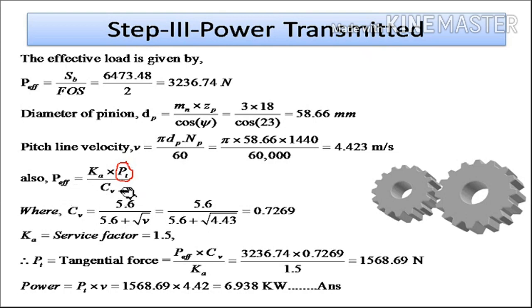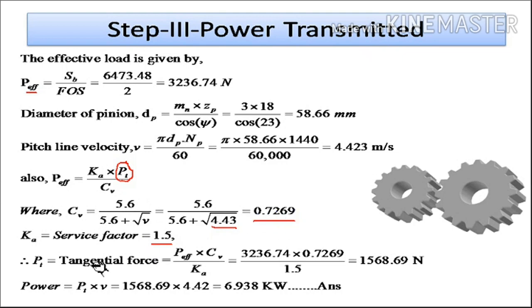You should have this K with you, that is the service factor, which is already given to us. P effective we have found out already using the beam strength. Now we will find out CV, which is given by 5.6 upon 5.6 plus root V. This value of CV is also specified in the given data. I just have to put the value of velocity V in meter per second here, that is 4.43. So I will get this value of CV as 0.7269.